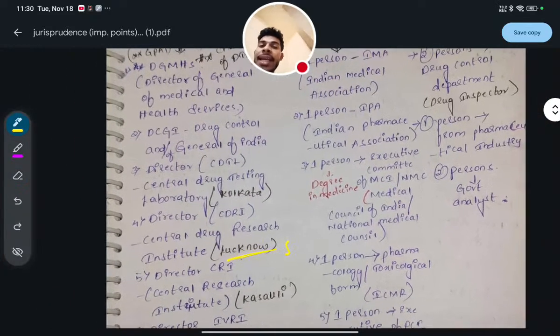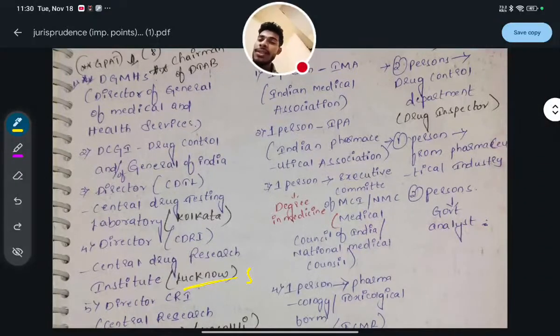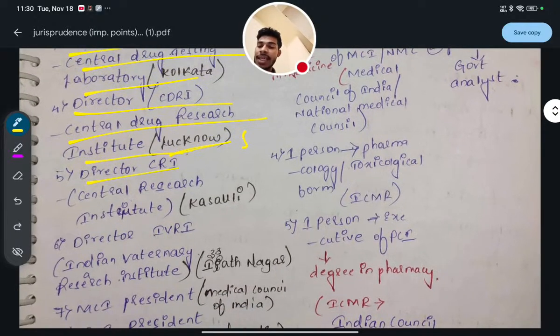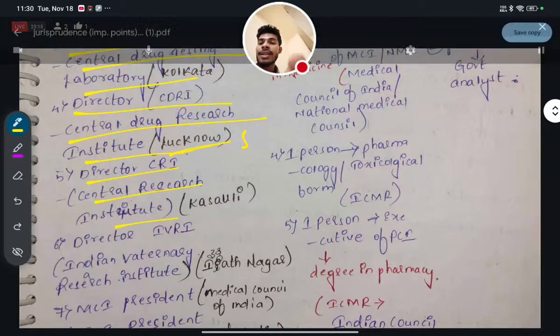So who are the 8 ex officio members? Number 1 is DGMHS, Director General of Medical and Health Services. Next is DCGI, Drug Controller General of India. Next is the Director of the Central Drug Testing Laboratory. Next, Director of CDRI, Central Drug Research Institute. Next, Director of CRI, Central Research Institute, which is located in Kasauli.